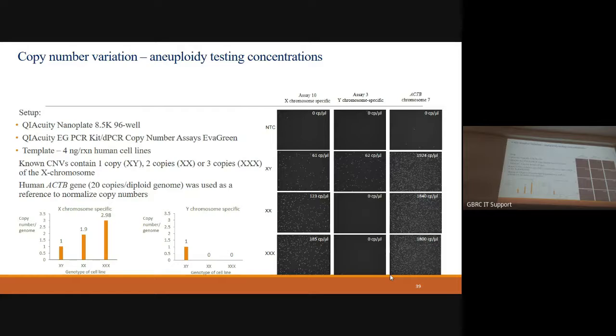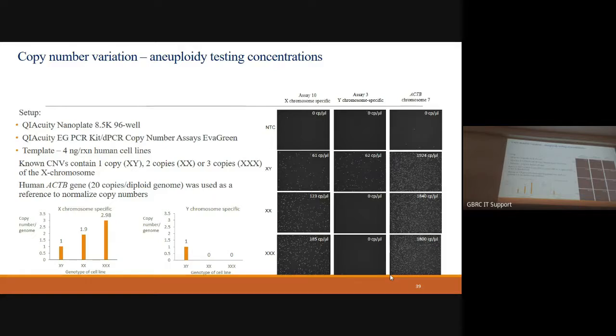The human beta actin gene is taken as a reference to normalize the gene copy number. Here you see that in the NTC, ideally it should not give any positive partitions or signals, and it has none. Suppose here 1X is there, the final detection is 61 copies per microliter, and here double X is there.